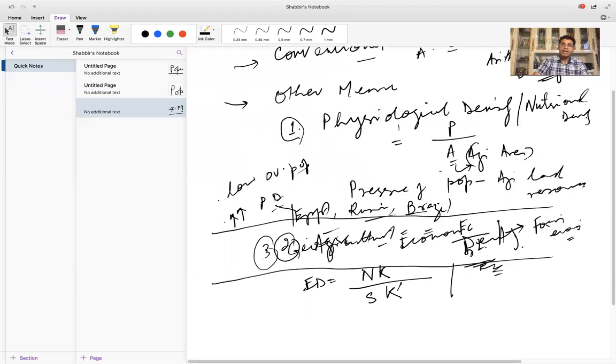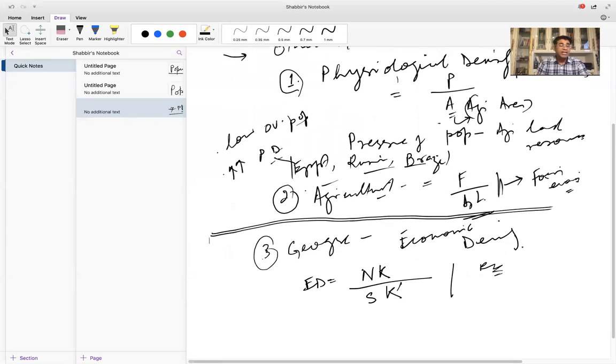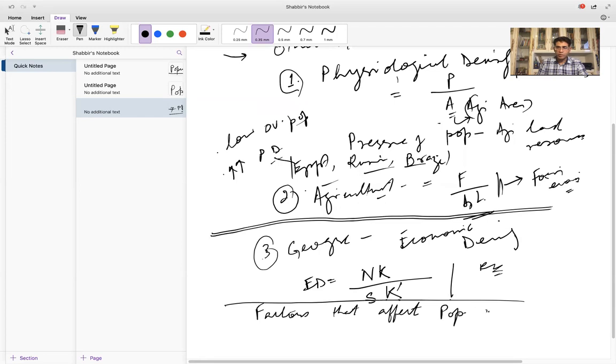You can always add some discussion on the factors that affect population distribution. This shouldn't be difficult. You can talk about physical factors: climate, terrain, resources.